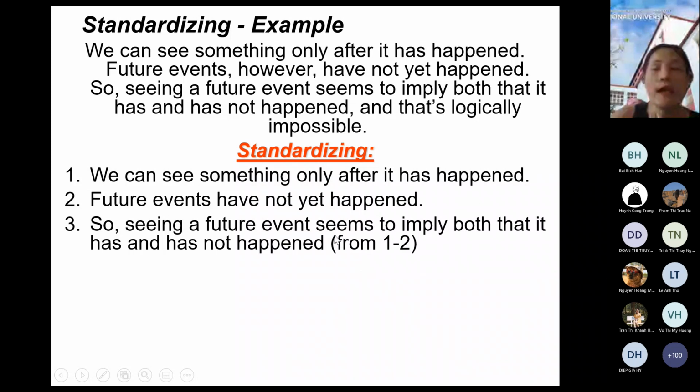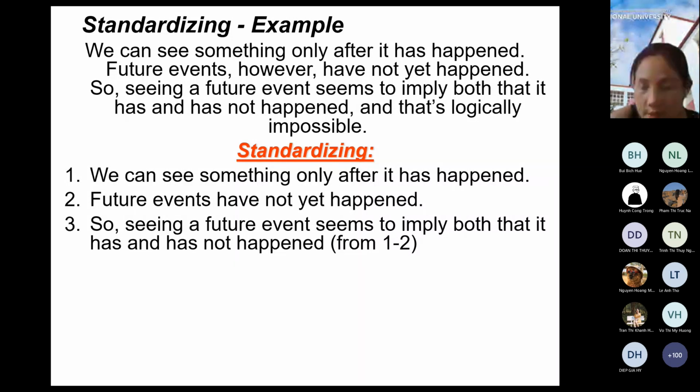You see that we add the justification to each of the conclusions. By reading the justification here, we see that this conclusion number 3 is made based on premises 1, 2. So this is the justification that, when you do the standardizing, you need to add to each conclusion. By reading this, we know this conclusion is from which premise or premises.